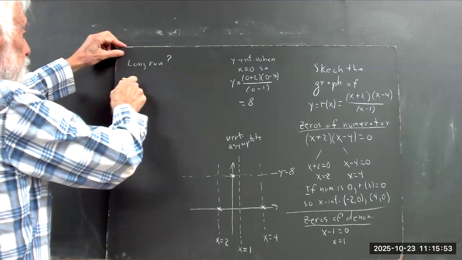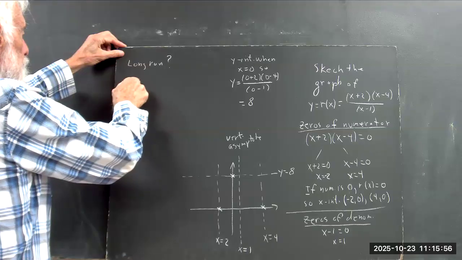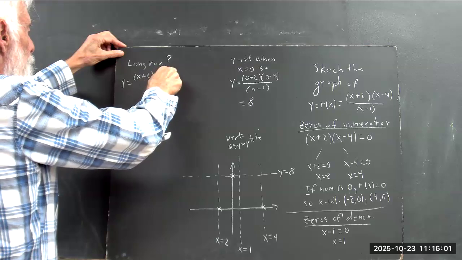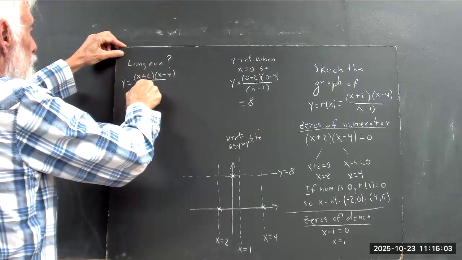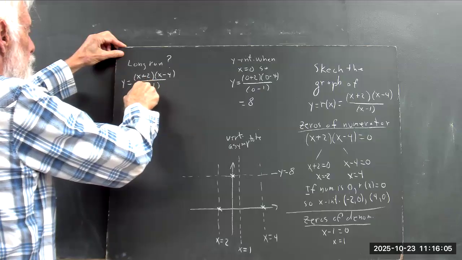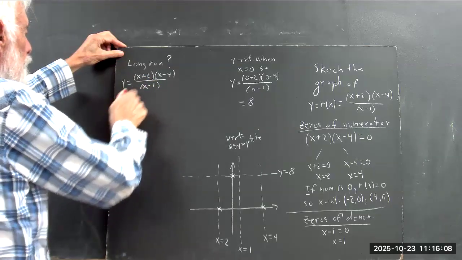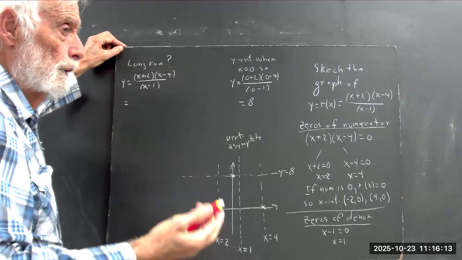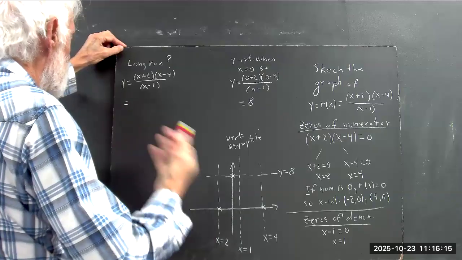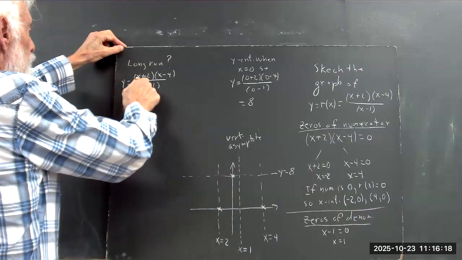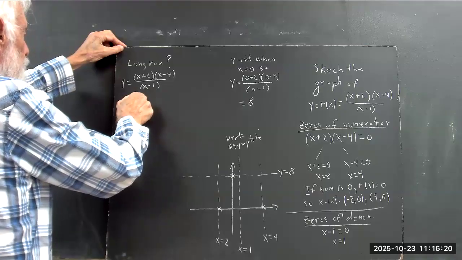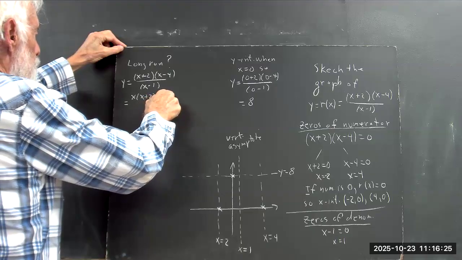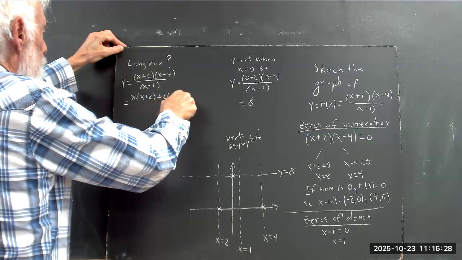First of all, we expand the numerator so we get a polynomial in its general form. x plus 2 times x minus 4 is x times (x plus 2) plus 2 times (x minus 4).